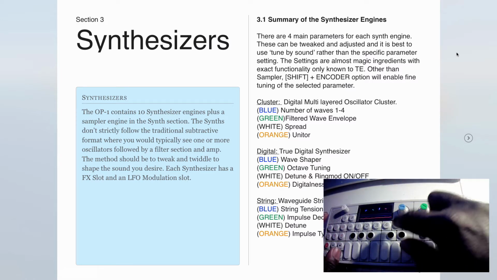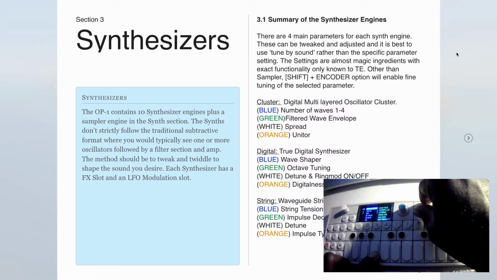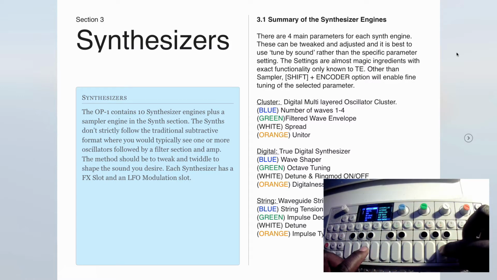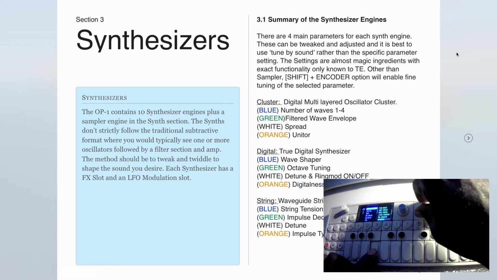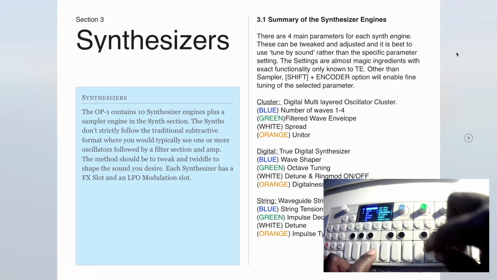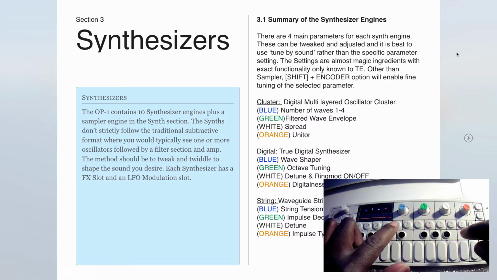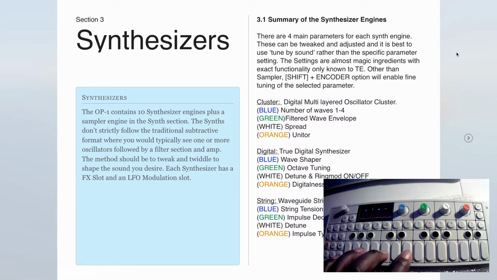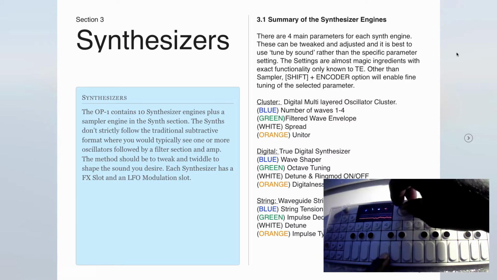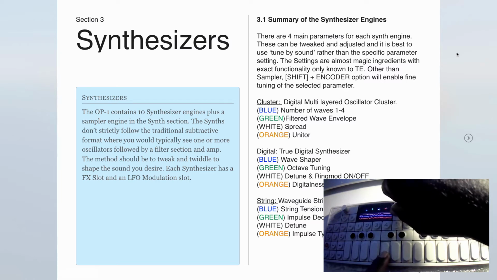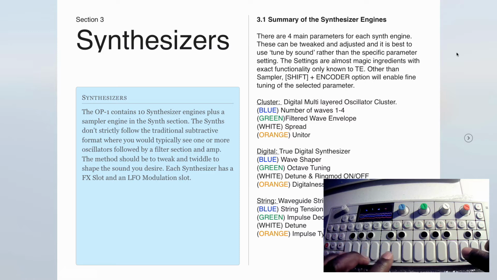Let's choose a different sound. Let's go back. As you can see, as I control knob 1, it's adding more waves, or I guess waves is an analogy for oscillators, to the sound.